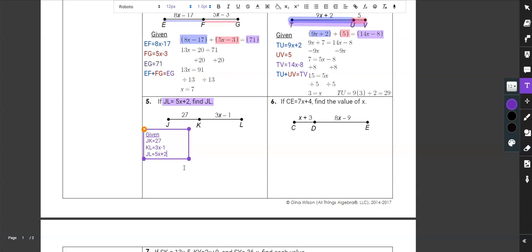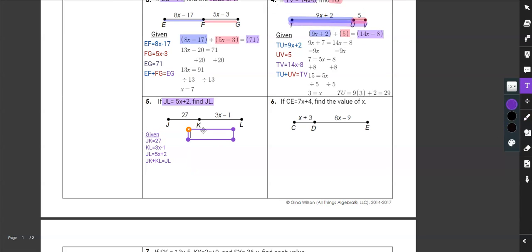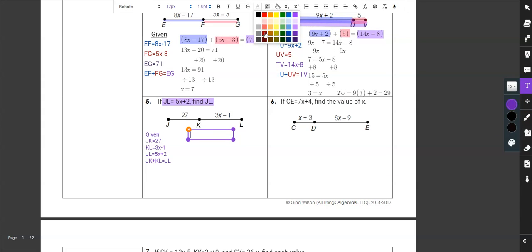We need to make our formula. So we're going to go ahead and write our equation of JK plus KL is going to be equal to the full length JL. Now we're going to do our substitution, which I'm going to do in a different color. The dark red. Why not? All right, so let's enter our formula.